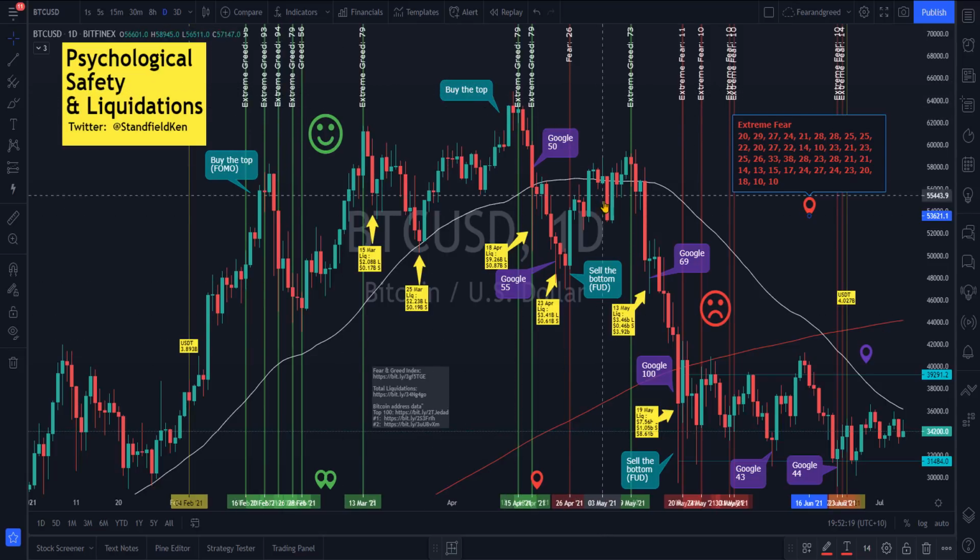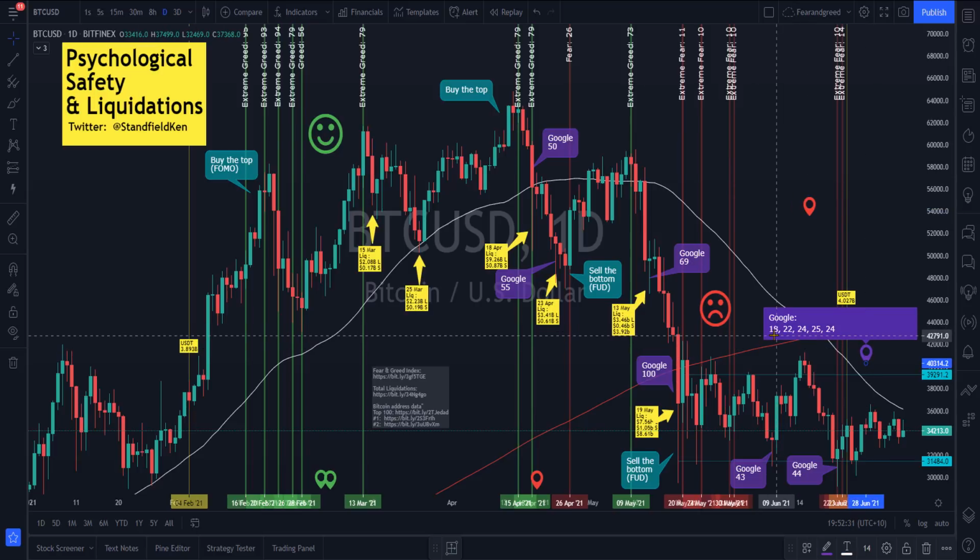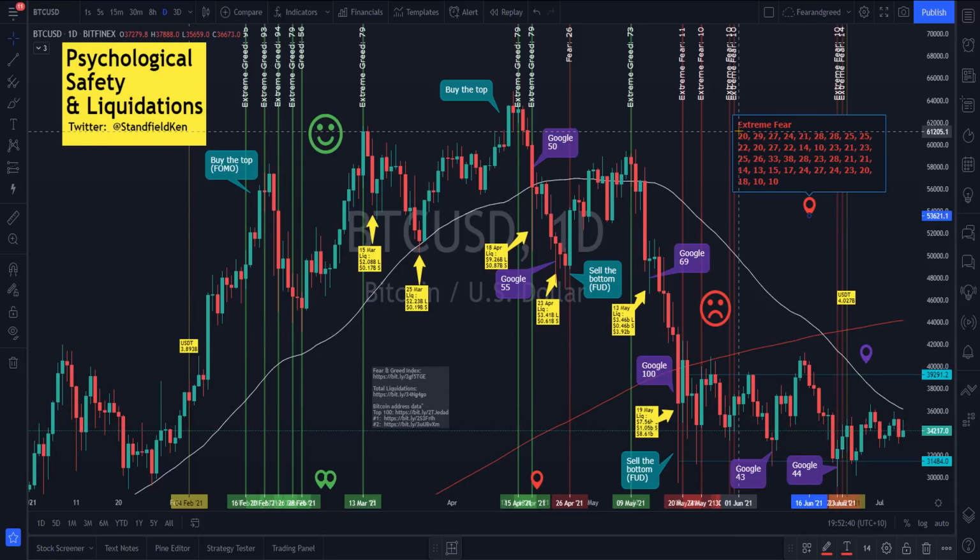You notice something in here. Google search trends reach a peak. 100 is like a peak. They reach a peak when things are going really badly. When they're going well, like for example today, 18, yesterday 22, this means that people aren't paying much attention. They're not scared. Current market is an extreme fear of 20.